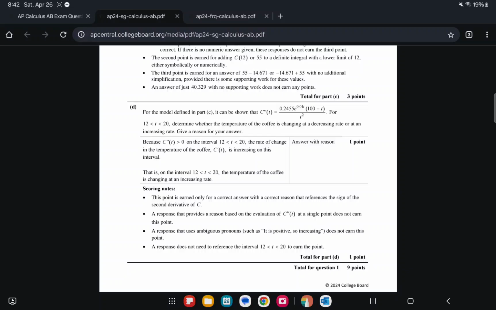Based on evaluation, the point is earned correctly with the answer and reason referencing the sign of the second derivative c double prime. So because we said it was positive, we would have earned the point.